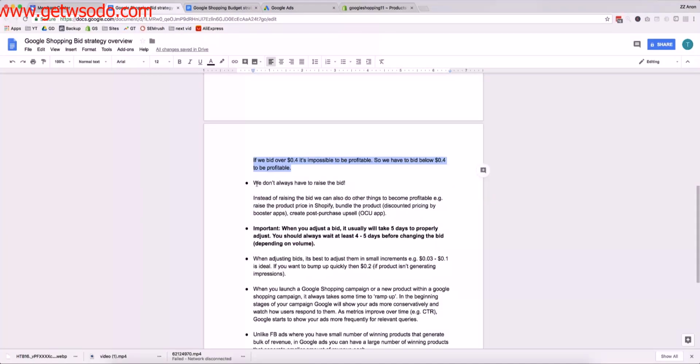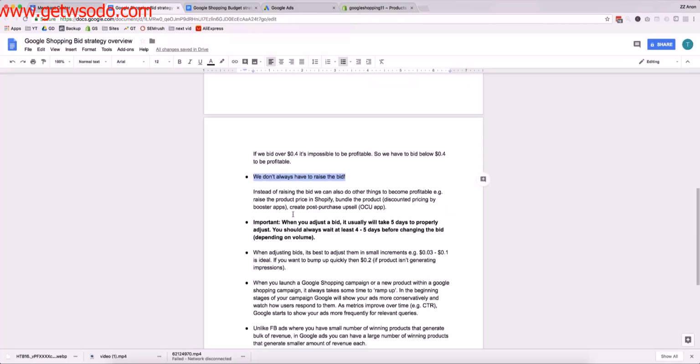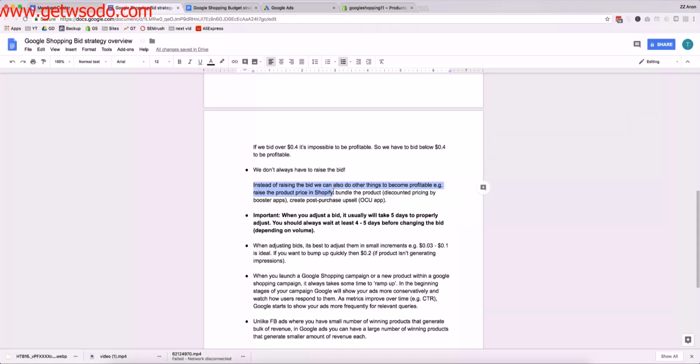Another thing to remember is that we don't always have to raise the bid. If you're breaking even on a product or you're slightly unprofitable, there's other things you can do. Instead of raising the bid, you can increase the product price in Shopify, so bump it up a pricing tier. Instead of selling a product for $24.99, you can sell it for $29.99. Another thing you can do is bundle the product.